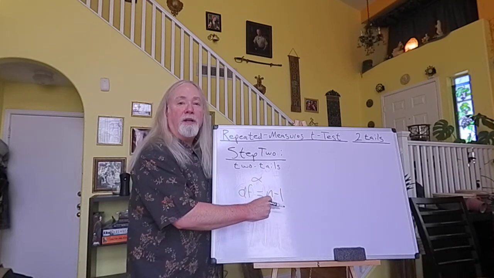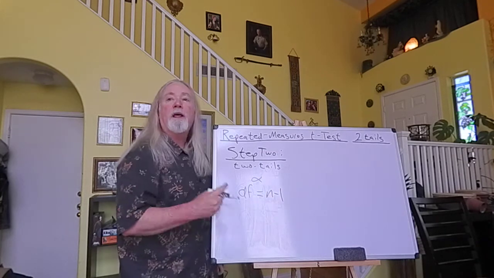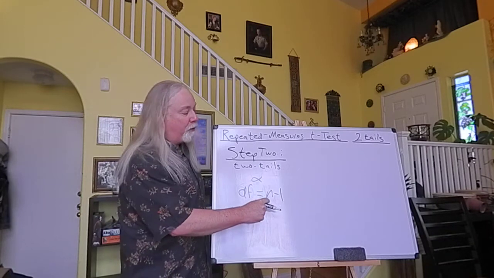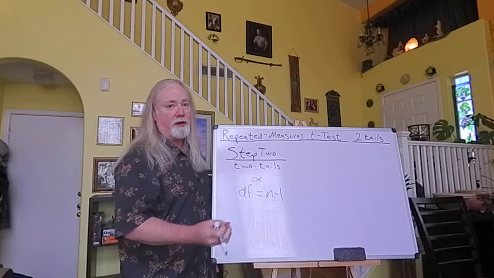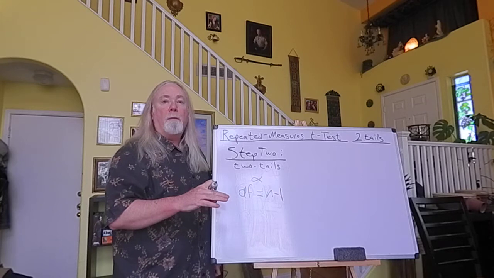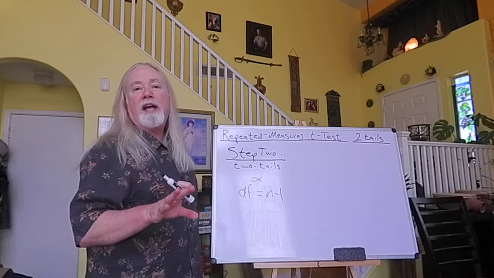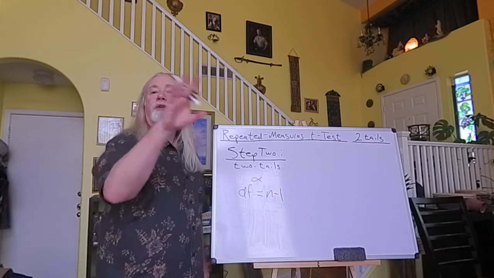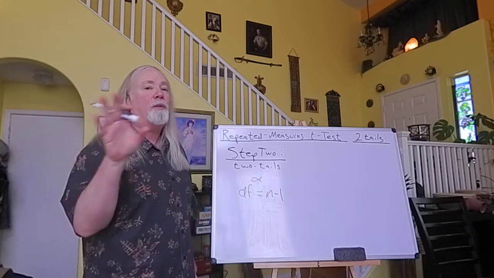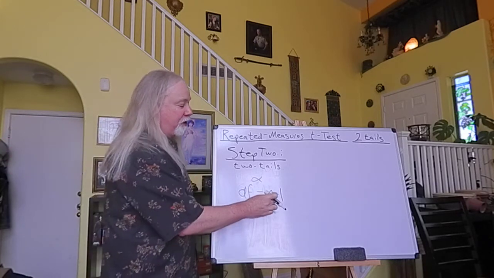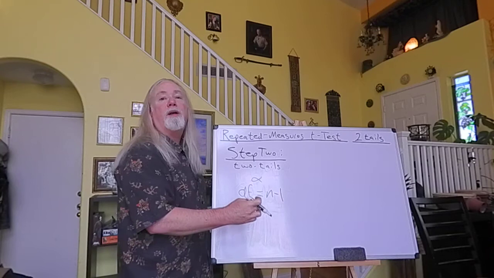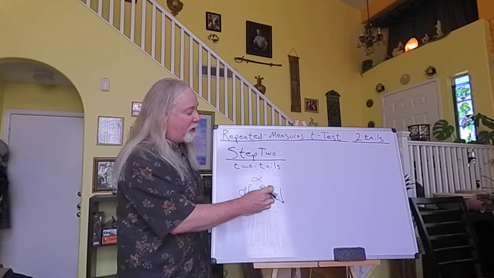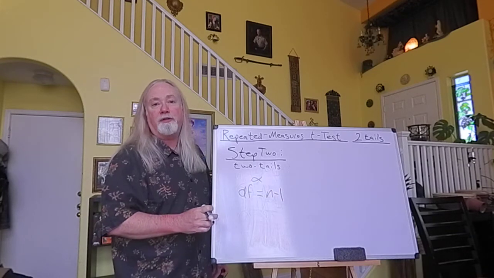The number of people in the sample minus 1. Or you could say it is the number of difference scores minus 1. But remember, once we have difference scores, we don't care about raw scores. So the fact that there were two sets of raw scores is not relevant here. We're not doubling anything up. Just the number of people in the sample minus 1, or the same way of saying that is the number of difference scores in the sample minus 1.